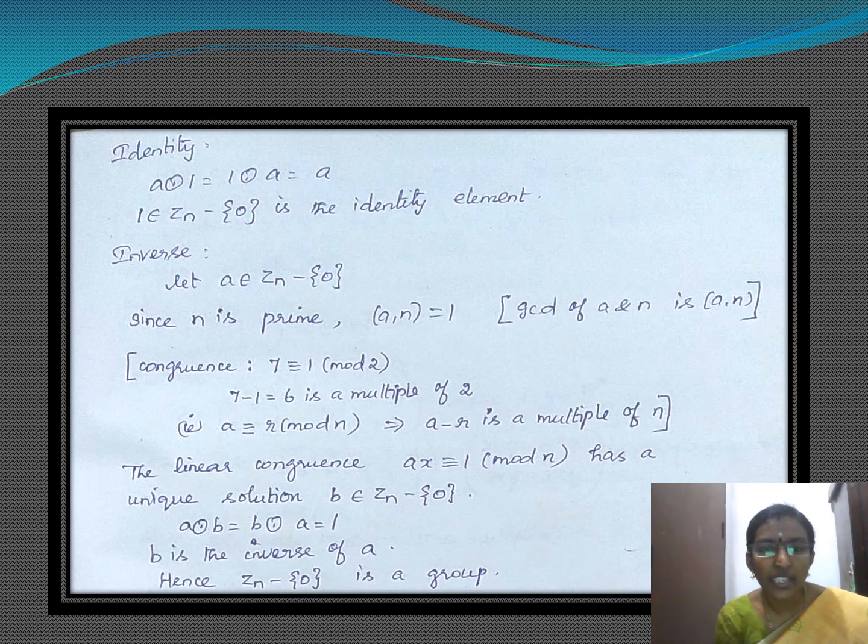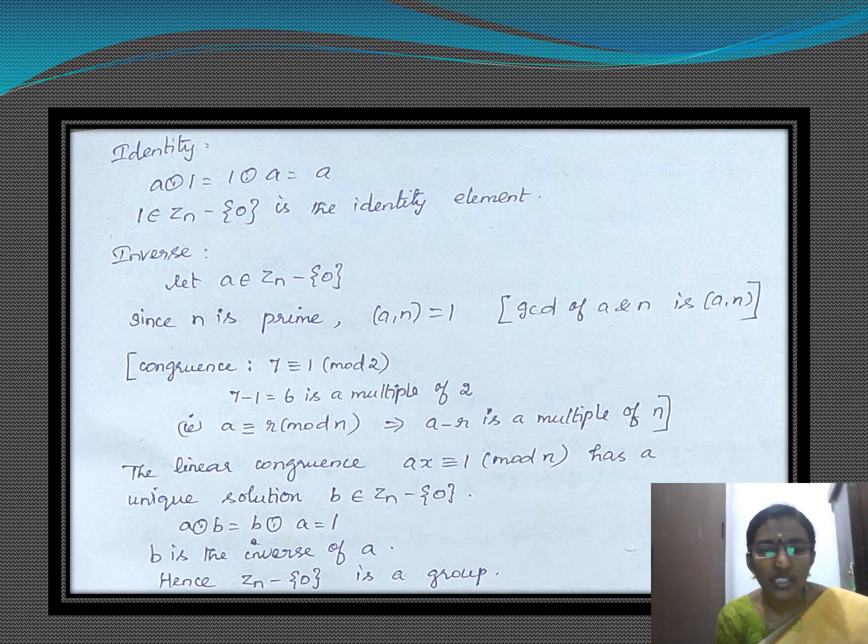Next comes identity. a ⊙ 1 is equal to a. Therefore, 1 is the identity element. Next comes inverse. For this, let me take one element a belonging to Zn minus {0}. We are given that n is prime. Therefore, gcd(a, n) is equal to 1. Then from the result, the linear congruence ax ≡ 1 (mod n) has a unique solution b belonging to Zn minus {0}.